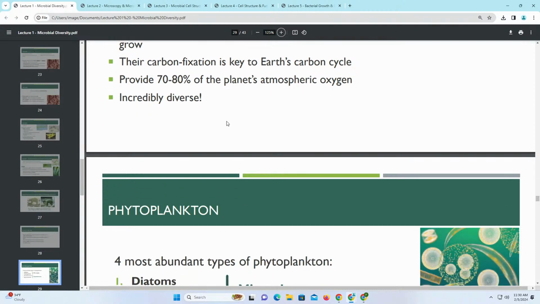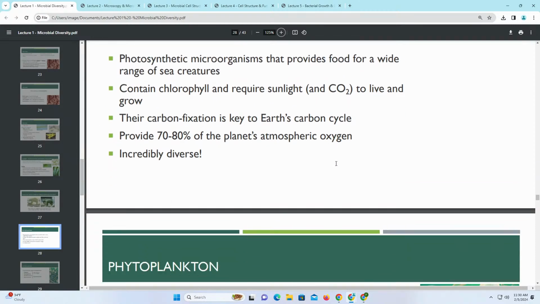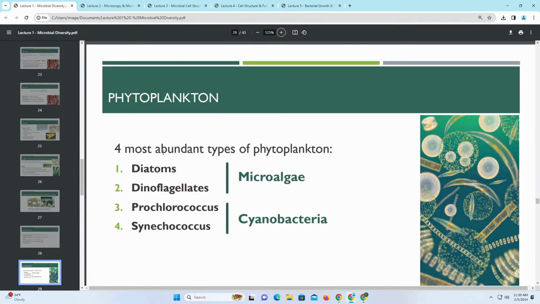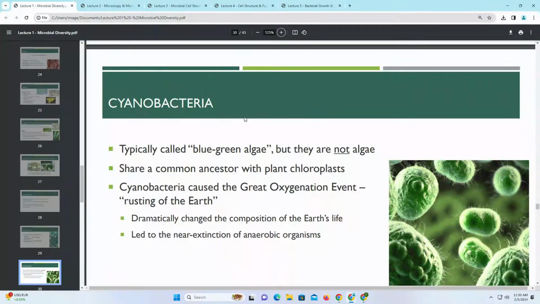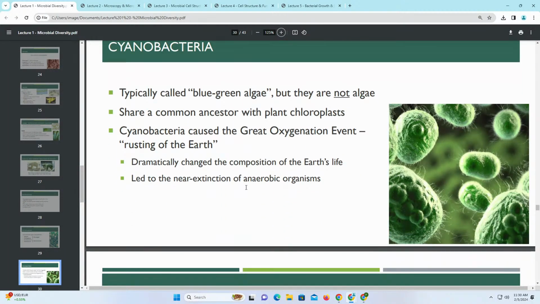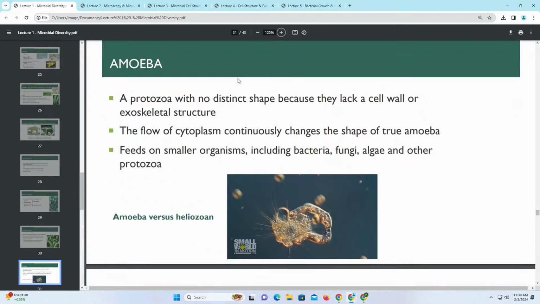And what do they really offer us? Phytoplankton provide about 80% of the planet's atmospheric oxygen. They're really diverse, so you don't have to know the names of the four abundant types, but understand that microalgae and cyanobacteria fall under this phytoplankton category. And then, what are cyanobacteria? Just knowing these details is key here.